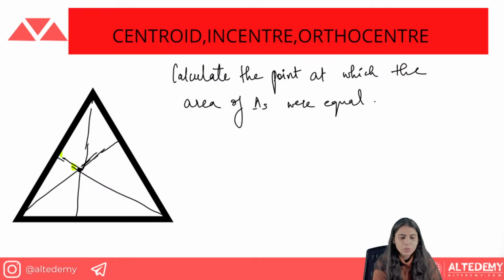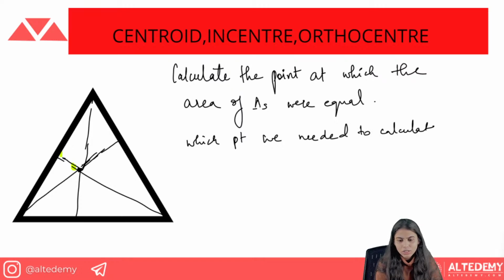That is basically one triangle, second triangle, and third triangle. The intersection point at which those three triangles are formed has equal areas. So which point did we have to calculate here? That was the point of the centroid.